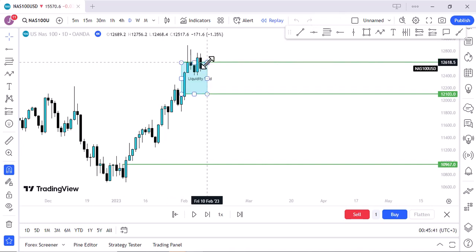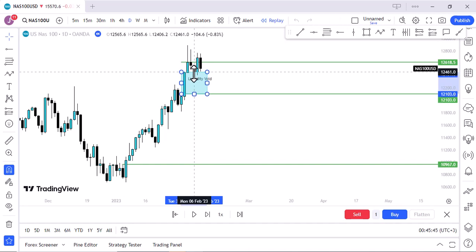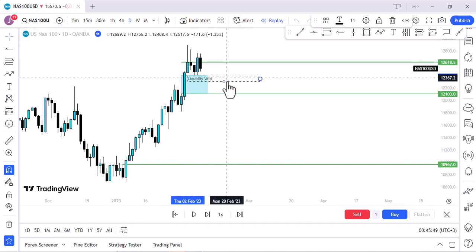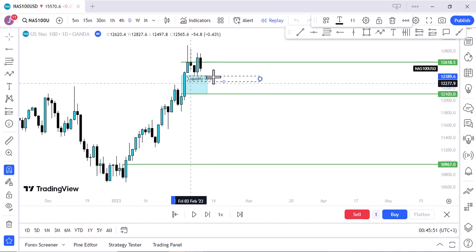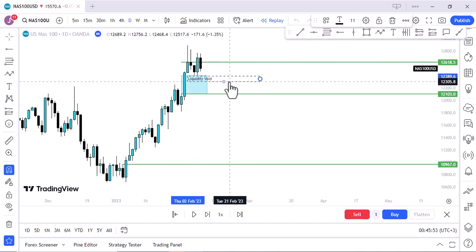But because now the market has collected partially some of that liquidity, we now have what you call a liquidity gap. And liquidity gaps, like I said, they come from residual liquidity.